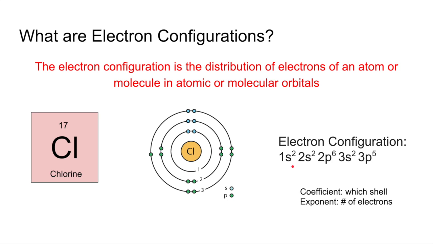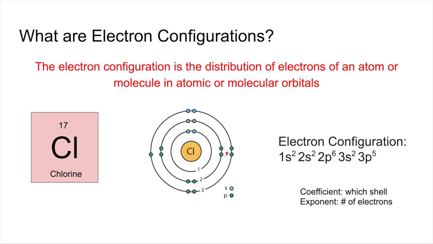So 1s2. This means 2 chlorine electrons are in the S subshell in the first shell. So those are the 2 electrons there. Then we have 2 electrons in the S subshell in the second shell over here. And we have 6 electrons in the P subshell in the second shell.